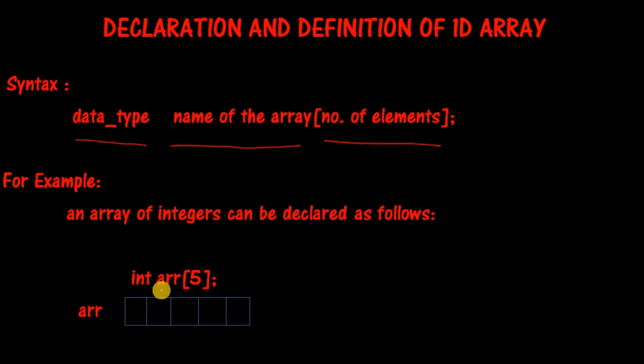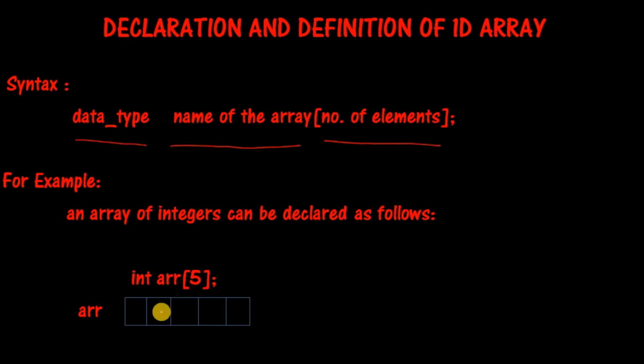You have to specify the data type. Data type of this array is integer. Name of this array is ARR, and number of elements of this array is equal to 5. This is not only the declaration, declaring the properties of this array, but we are defining it.